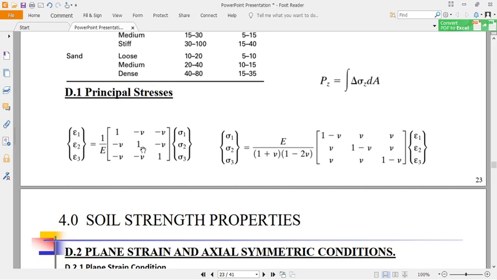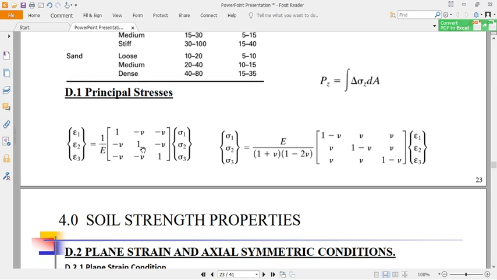Remember, change in Z divided by Z, the original length, is equal to the strain in Z. Therefore, to get the total deformation, we just take the total strain times the original length.